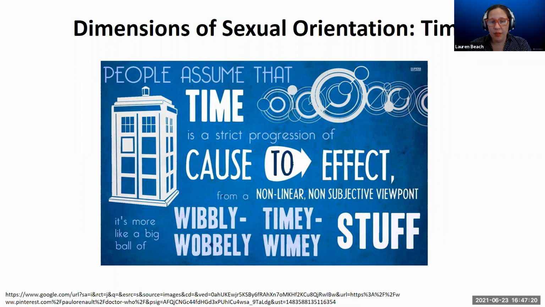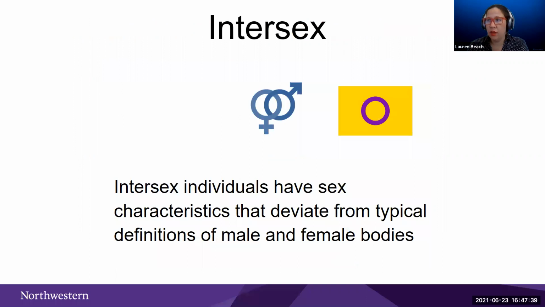You would need to think about in what way this time is meaningful for the questions you're asking. And for many people, answers about their sex, their gender, their sexual orientation can be fluid and change over time. So it's another important way that time is a dimension of sexual orientation.